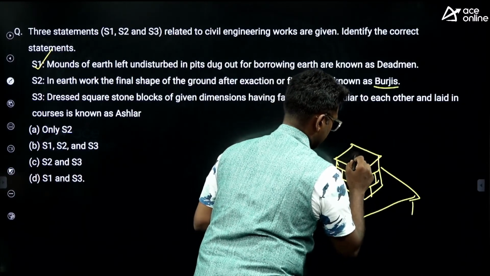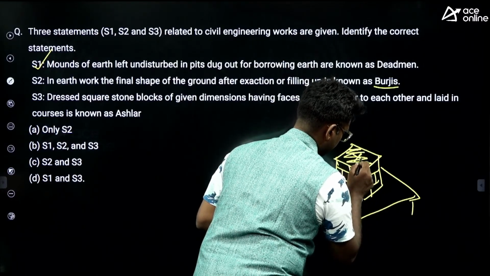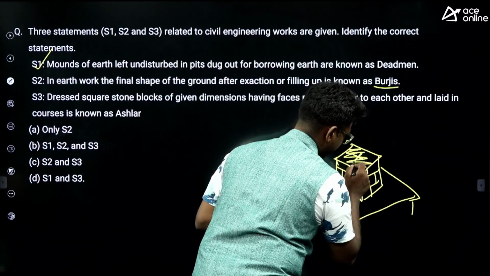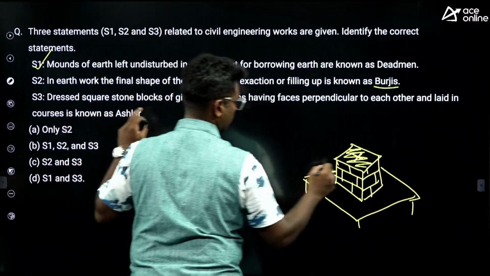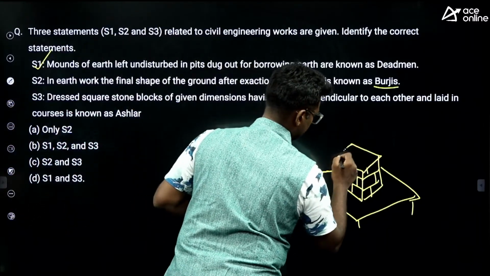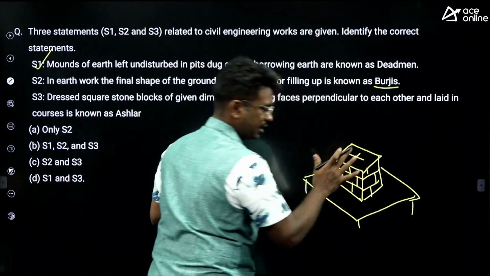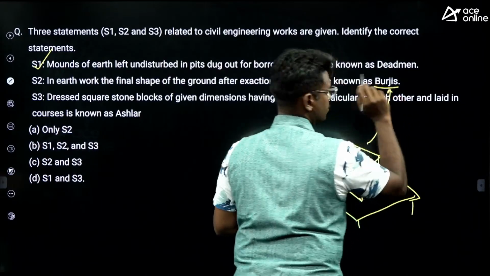On this, plastering is done, and over this we make a plus mark as an indication. We make an indication so that a standard height is maintained. This is called burgess.